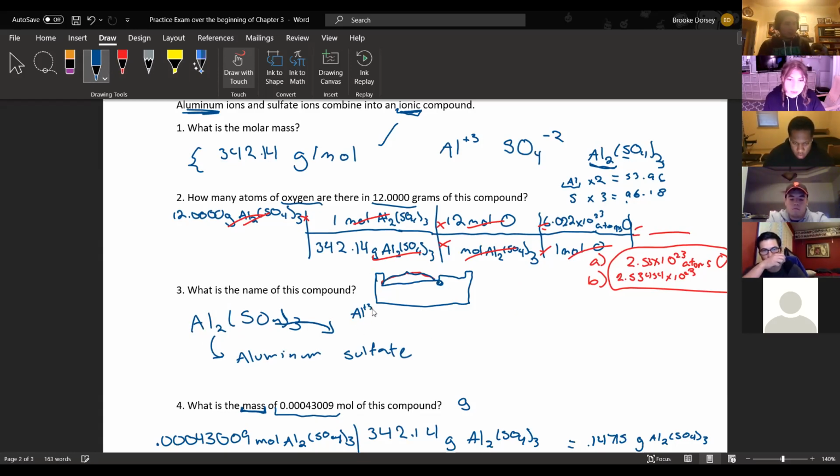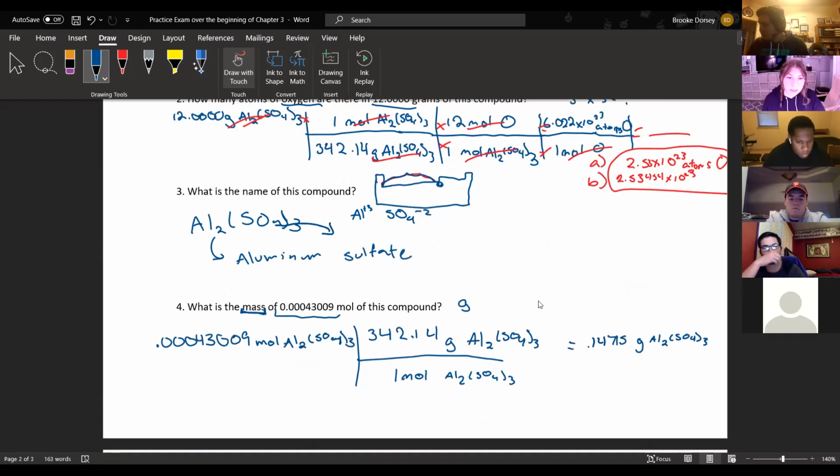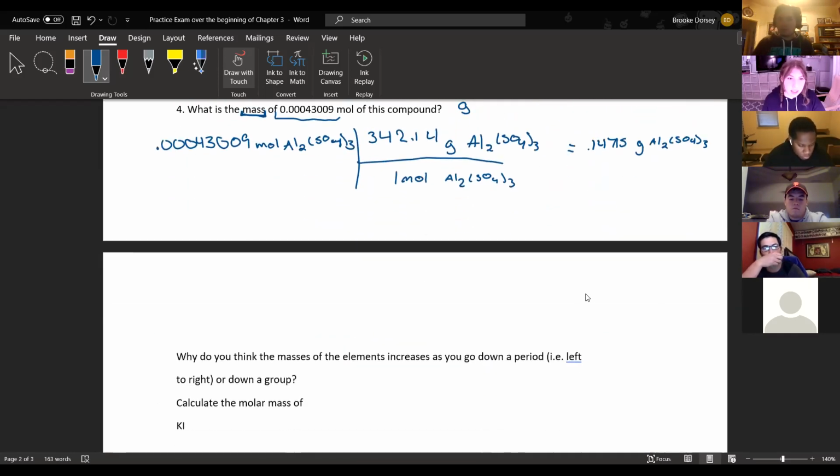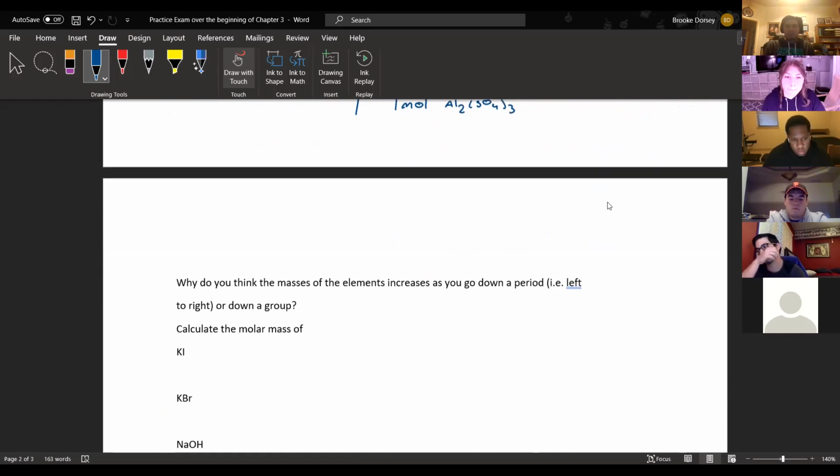So aluminum is always going to be +3, and we already know that sulfate has a -2 charge. Does that make sense? Yes, thank you. Yeah, and it's an ionic compound because aluminum is a metal, but it'll tell you if you're going to need it or not. Oh, okay, got it.